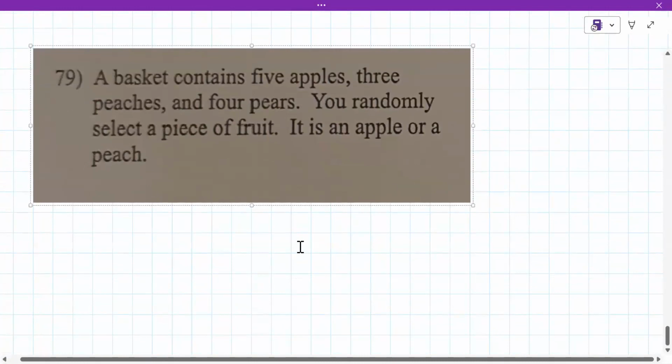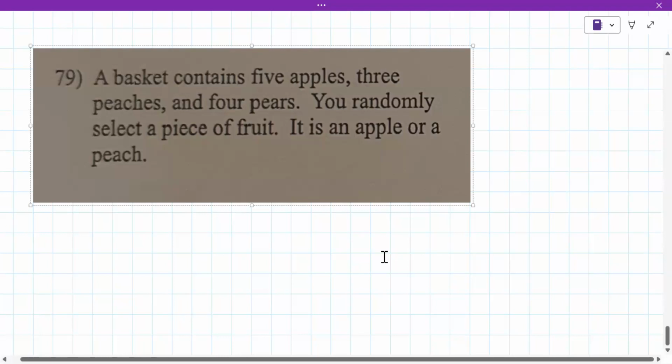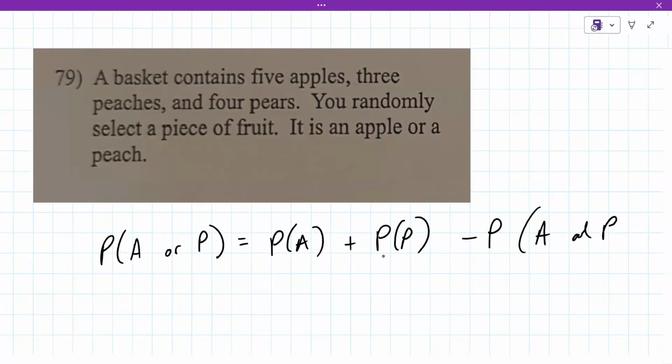It's much more similar to 78 than 77. So the probability of A or B, maybe apple or peach, equals the probability of apple plus the probability of peach minus the probability of A and B. So then apple would be 5 out of 12.